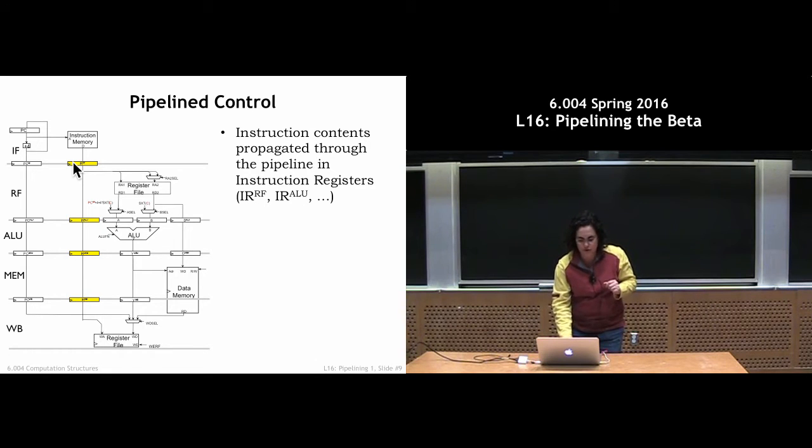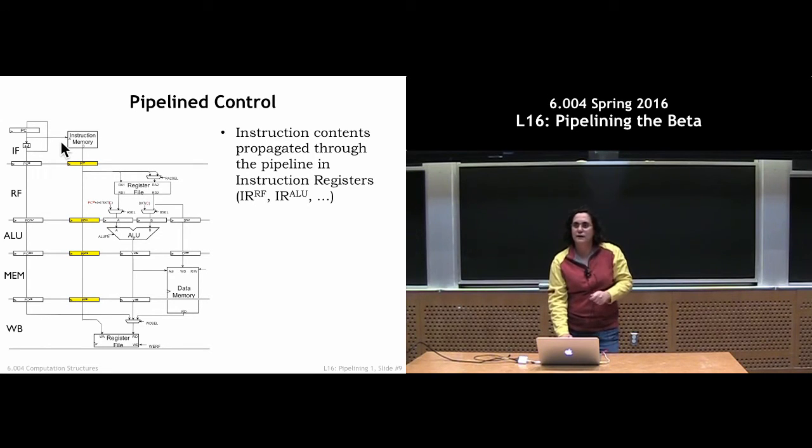So an instruction will start off over here in the IF stage. It's then going to get, on the next clock cycle, loaded into this IRRF register, and it's going to be the instruction that's used in order to determine what we do in this stage. At the same time, a new instruction is going to be fetched in our IF stage.